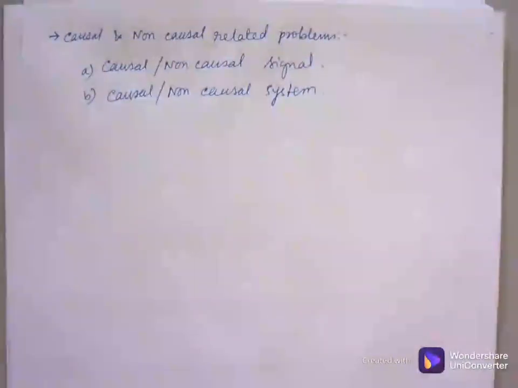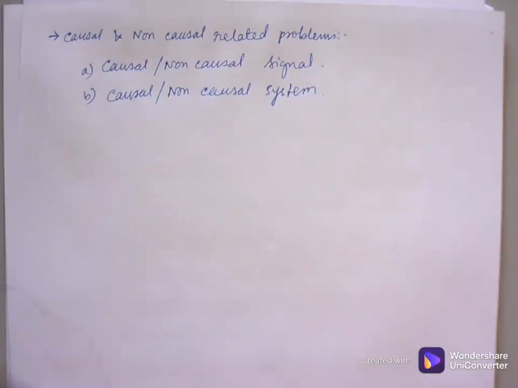There is a very common confusion among you all about what we mean by causal and non-causal system, and calculating whether a system is causal or non-causal is totally different from the calculation of whether a signal is causal or non-causal.